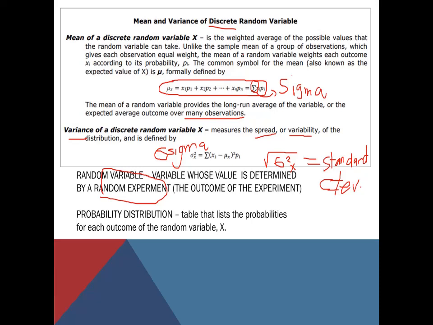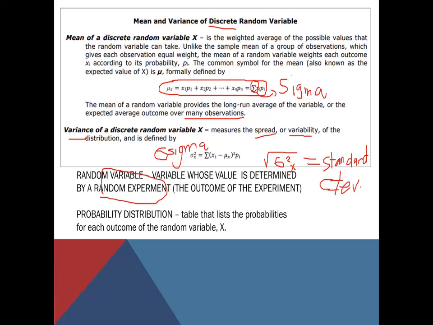Now, we will also be using in our solution a probability distribution. A probability distribution is a table or a formula that lists the probabilities for each outcome of the random variable x.